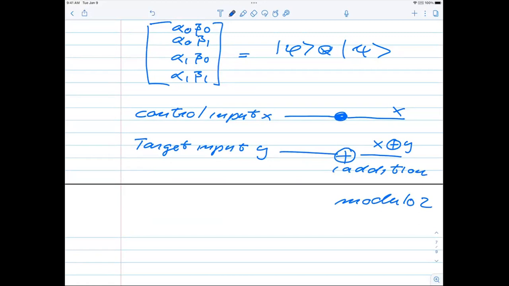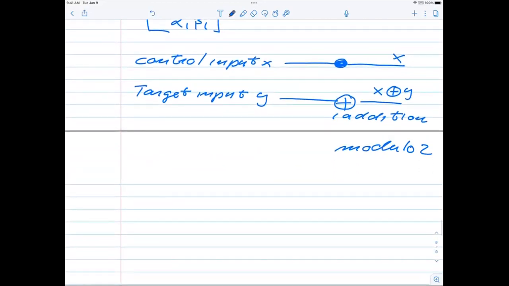Now, if I take my states, which I'm preparing, I'm going to have a state which I call psi here, and that is sent into the system. And it's called a control input because we end up with the same state, psi.